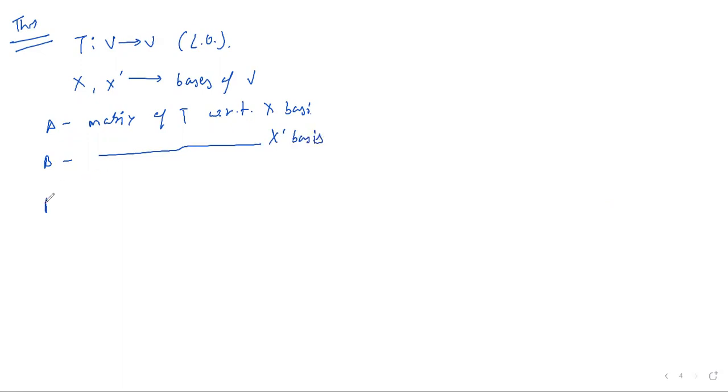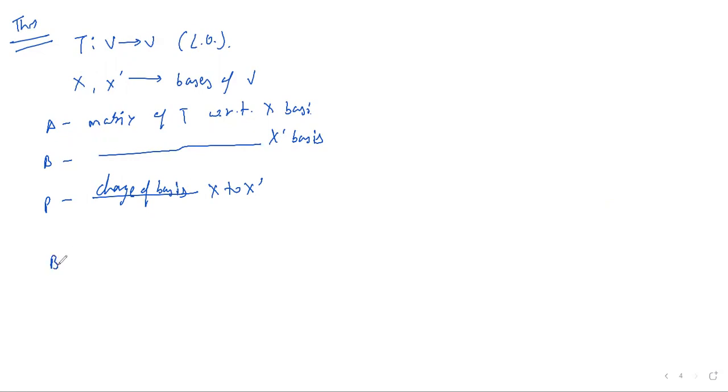And P is the matrix of transition, or you can say the change of basis matrix, from x to x dash. Now I want to find this matrix B. How can we find this matrix B?